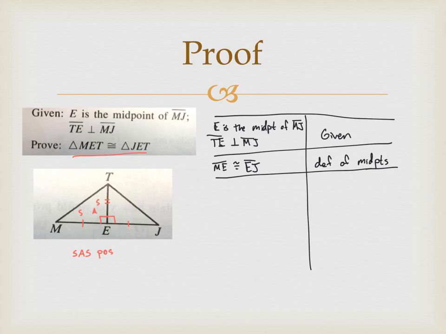Then I know that angle TEM and angle TEJ are right angles. And that's because of the definition of perpendicular lines. Then because those two are right angles, I know that they're congruent to each other.